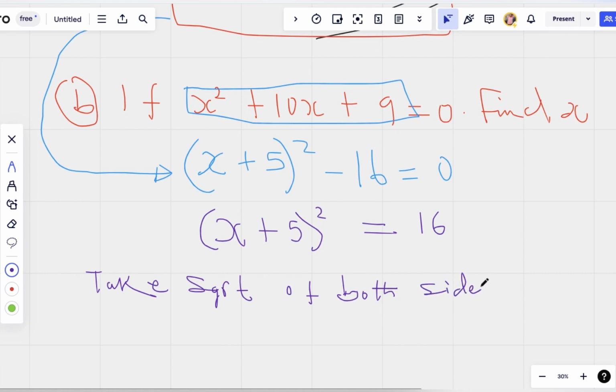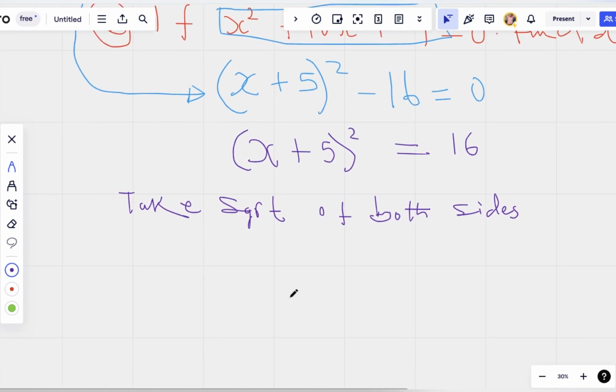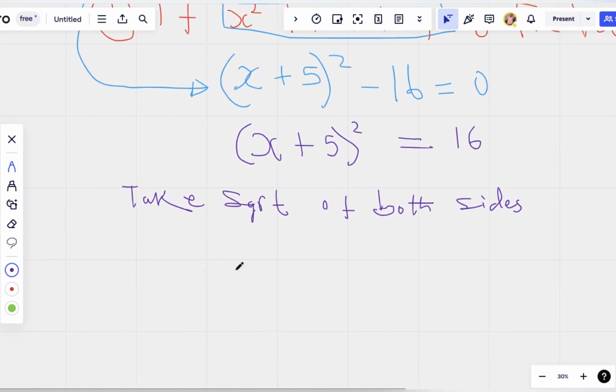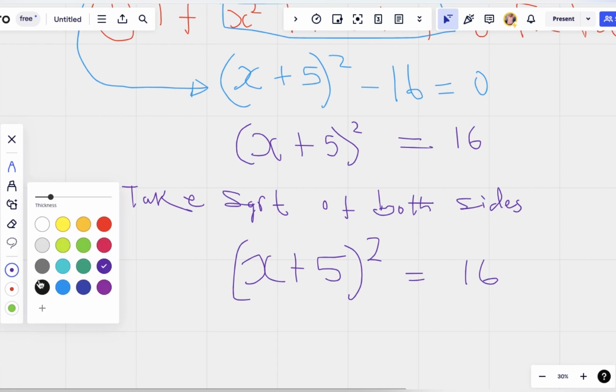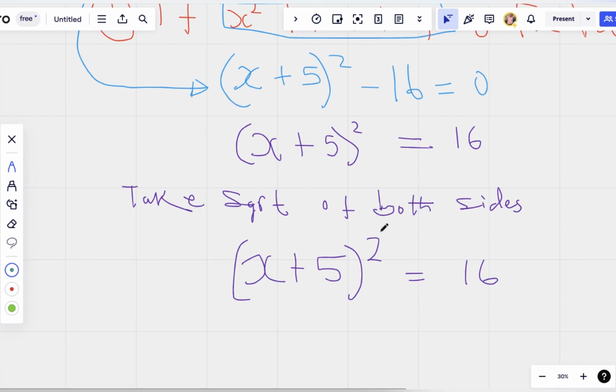So when you do that, this is what we have, x plus 5 square equal to 16, right? Then I will take the square root of both sides. Let's take another color. I take the square root of here, I also take the square root of here.